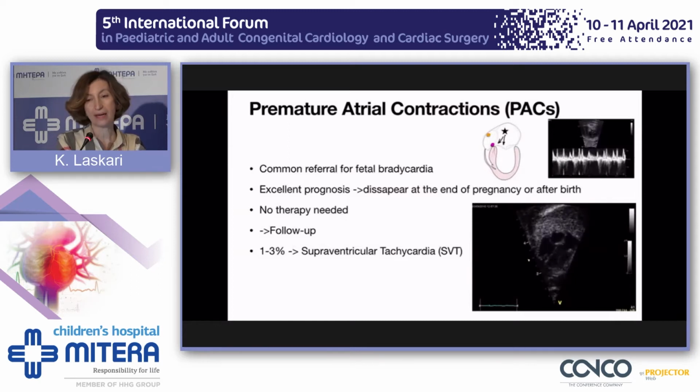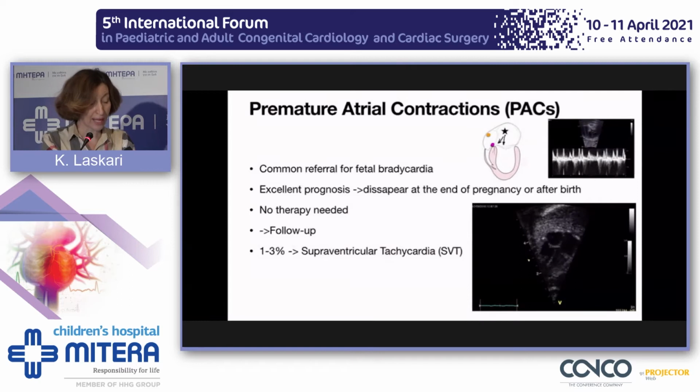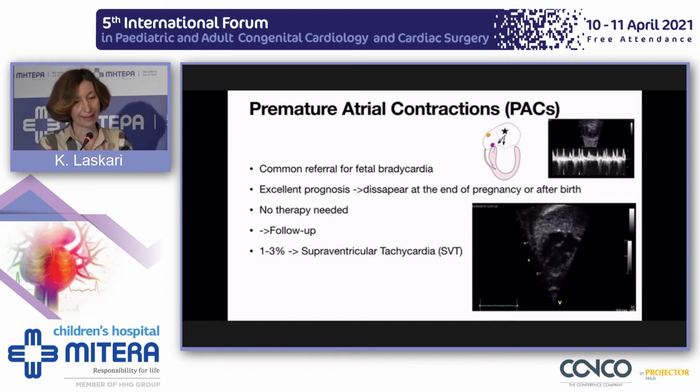There is no therapy needed except mild measures such as hydration of the mother or magnesium. One has to do very frequent follow-up, though, because in 1 to 3% this can progress to supraventricular tachycardia, to fetal tachycardia. Like in this patient that we saw yesterday, who has intervals of bradycardia because of blocked PACs and tachycardia up to 230 beats per minute.